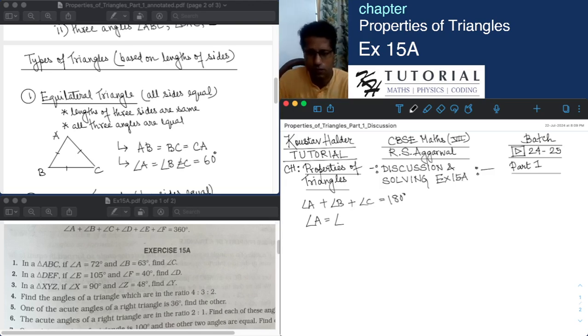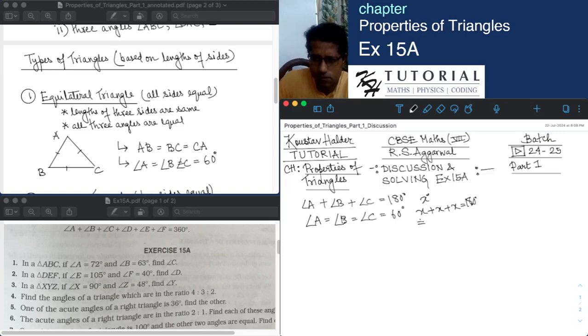That is the definition of an equilateral triangle, and this also implies that all the angles of the triangle are also equal, and they will be equal to 60 degrees, because the sum of the angles is equal to 180 degrees. So if the angles A, B and C are all equal, we can say that if each of those angles is x degrees, then x plus x plus x equals 180 degrees.